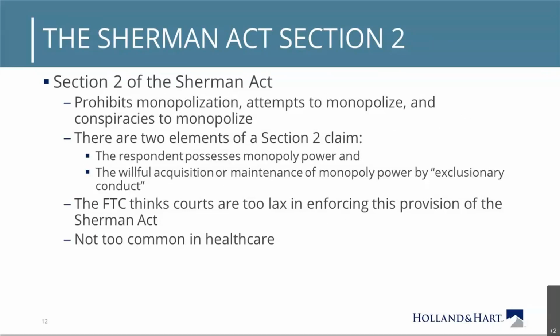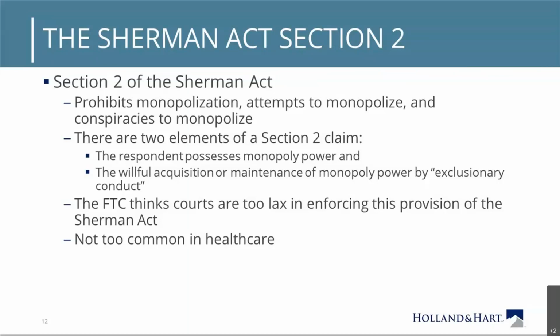And that second part is important. If you're simply a good competitor, and you are able to do things more efficiently and better than your competitors, and as a result gain monopoly power, that is not a violation of Section 2 of the Sherman Act. That is simply good business, and that's not something that is going to get you in trouble with this section of the antitrust laws.